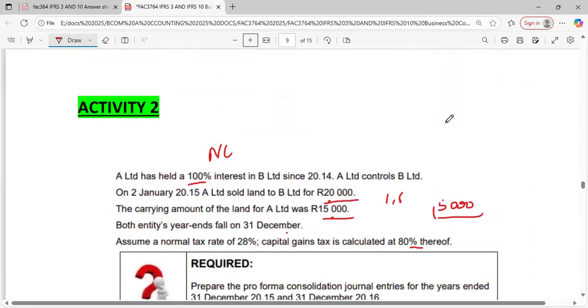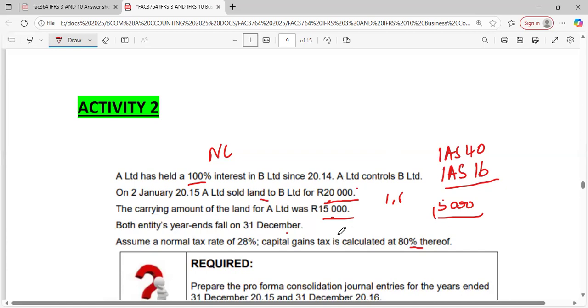If you can still remember, it goes together with IAS 16. So if you check, when we were doing IAS 16 and IAS 40, when it is land, land can only be realized through sale. Remember, we say there is a difference between an asset which is going to be realized through use and an asset which can be realized through sale.